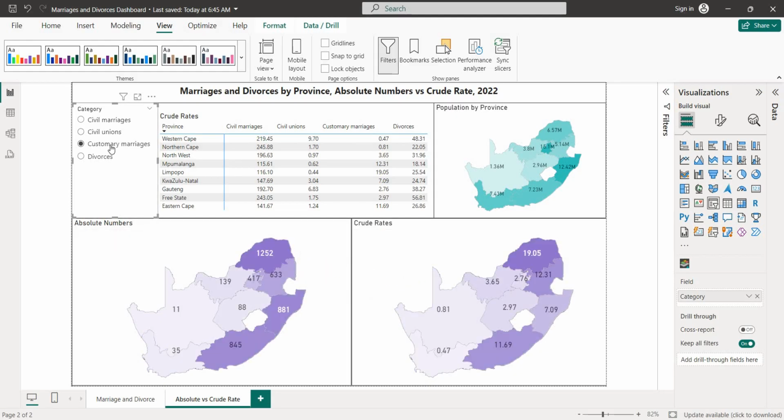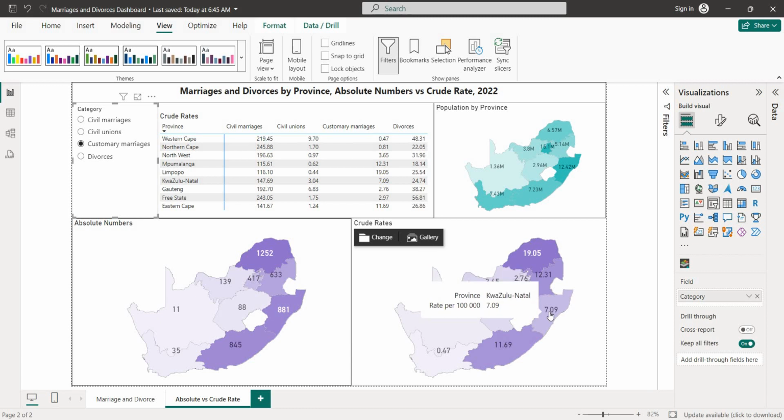And looking at customary marriages, we still see that in terms of absolute numbers, Limpopo, Mpumalanga, KZN, and Eastern Cape are still amongst the highest. The rural provinces having higher numbers of customary marriages. Looking at the rates, we see that they are still in alignment, the more rural provinces having higher rates, but we'll notice that KZN and Mpumalanga switch positions.